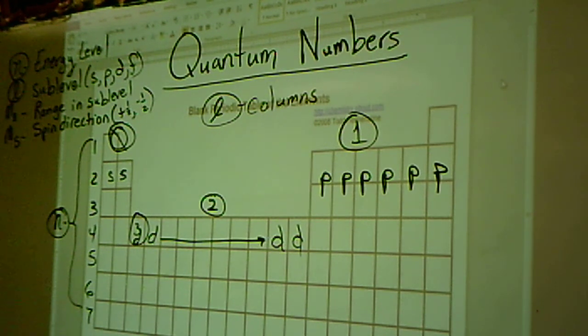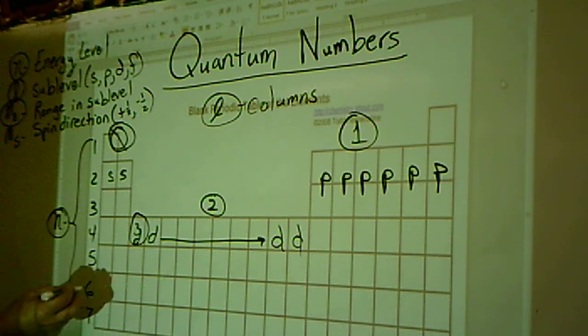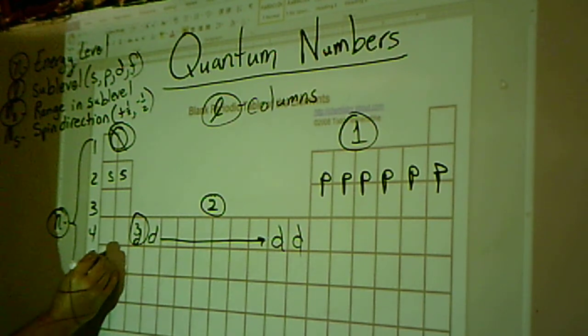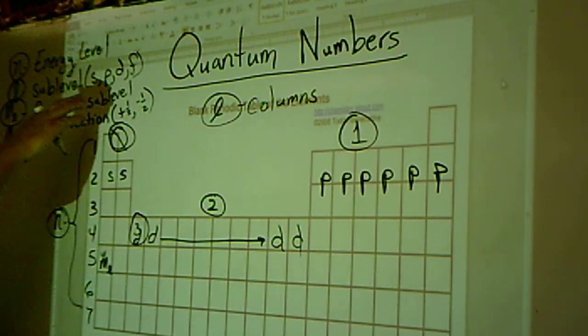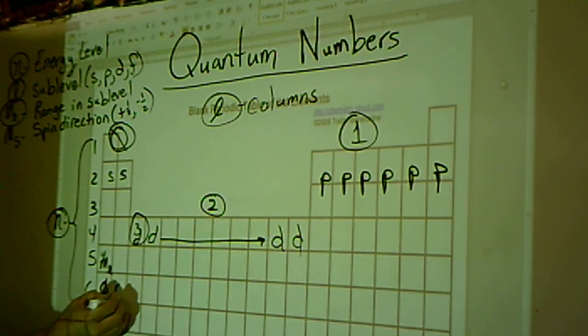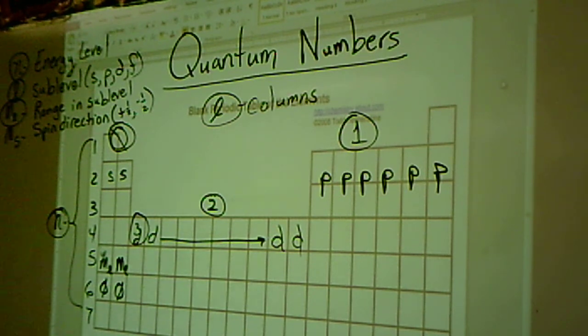The next one's going to be the range in your sublevels. So we have to do a range based on 0. So that's going to be my sublevels. I'll just put ML, and this would apply from top to bottom. My range for my MLs is going to be this, and again, it's based on the one at the top.